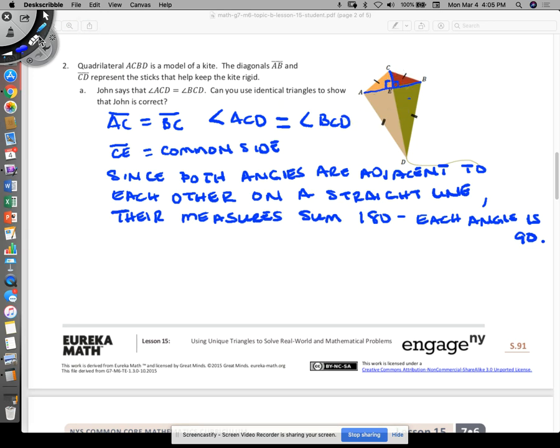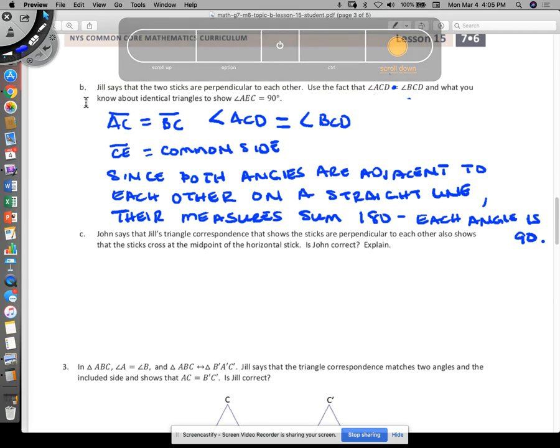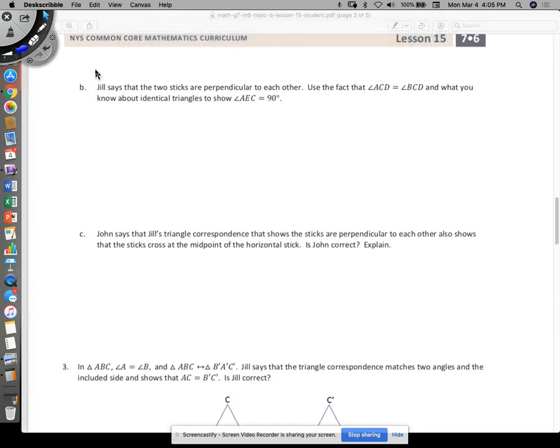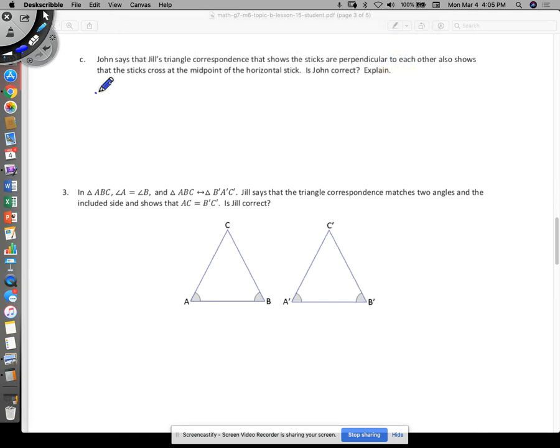So now John is saying, could E be a midpoint? Is this classified as a midpoint? Is it midway through that angle? All right, so that's what we're going to classify now, or prove. Let me just pull it all the way up. Okay, so we're going to say this means, is he correct?